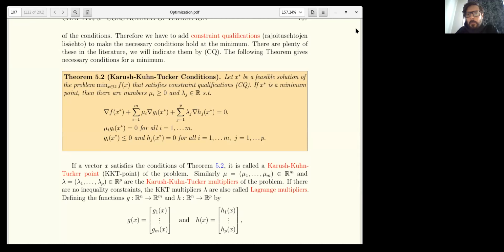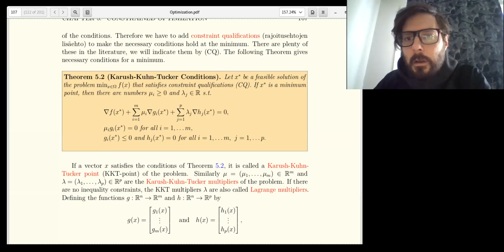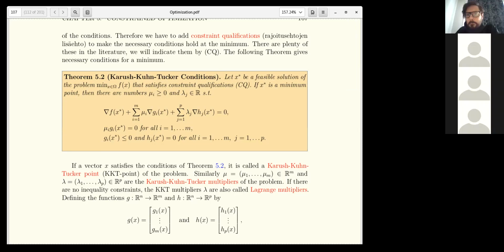The problem is I don't know how to make my own picture bigger here. Well, okay, you can look at my picture. I can't see it myself bigger, but let me just give an example of a situation.